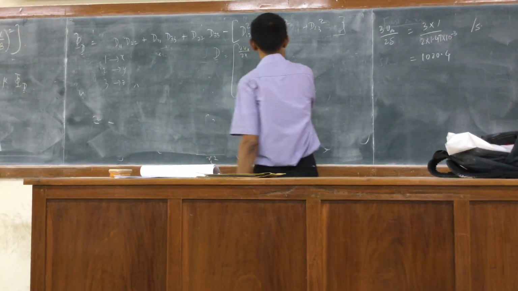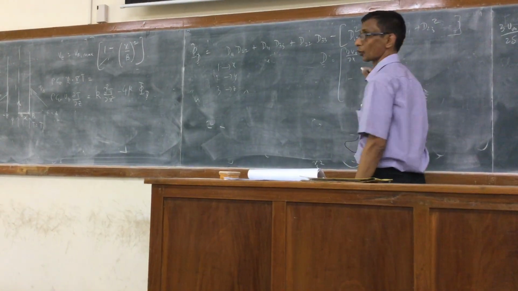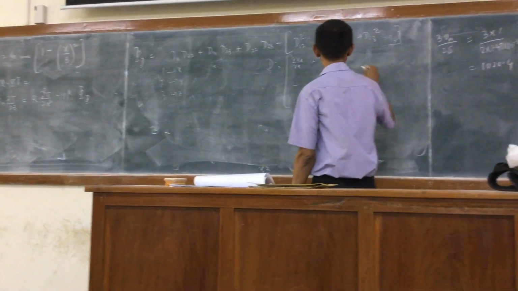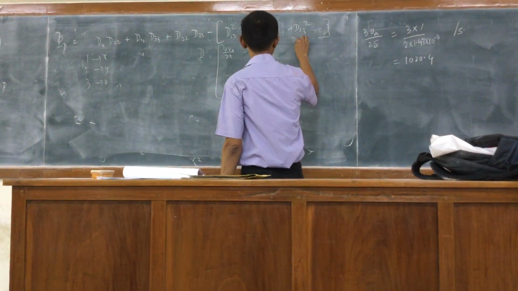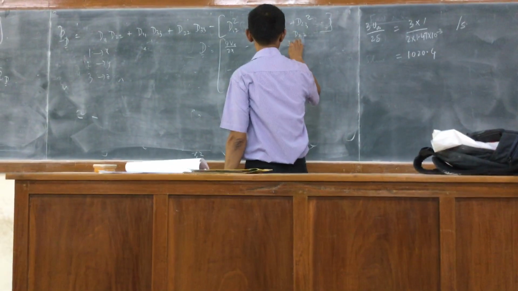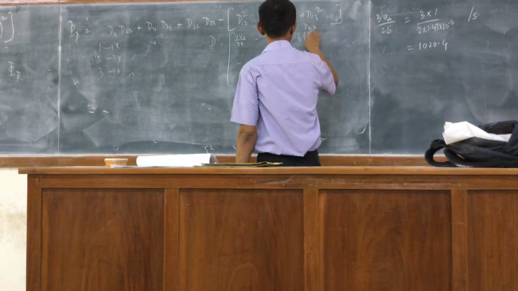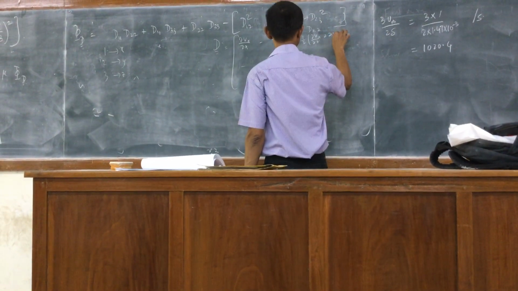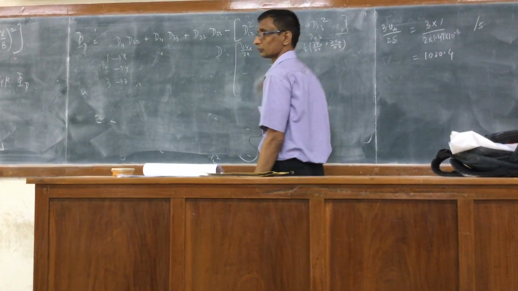I am not going to write all of this, it will all be 0. Everything in fact would be 0 except that Dxz would be half of dvx by dz plus dvz by dx.